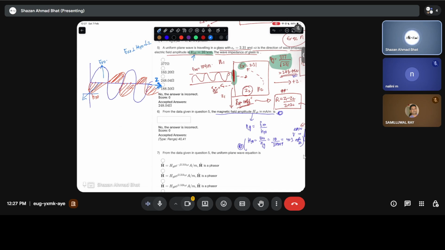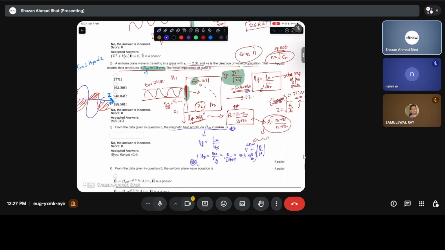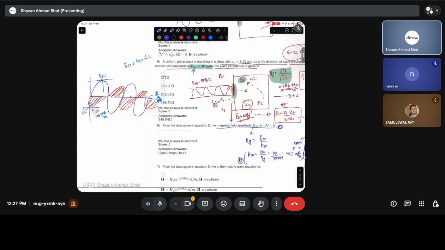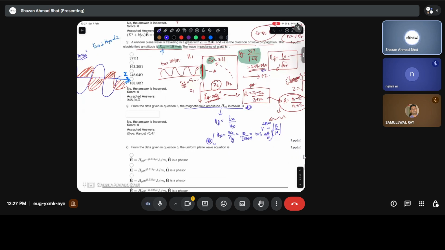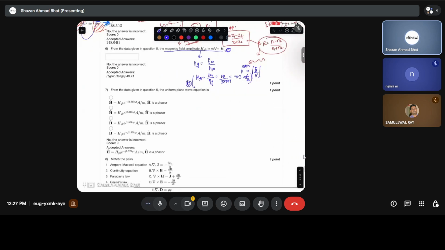So this amplitude is 40.3 milliamps per meter inside the glass, and the electric field was around 10 volts per meter. That's exactly the scenario shown in the question. So the answer is 40.3 milliamps per meter.